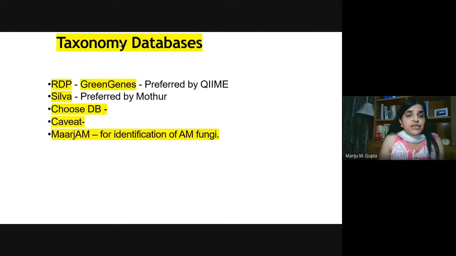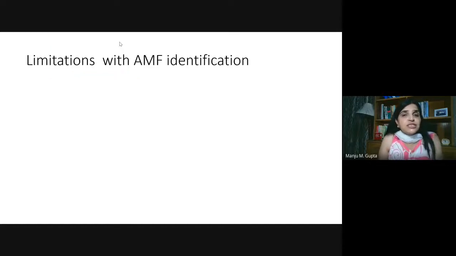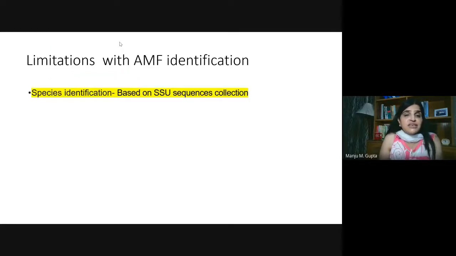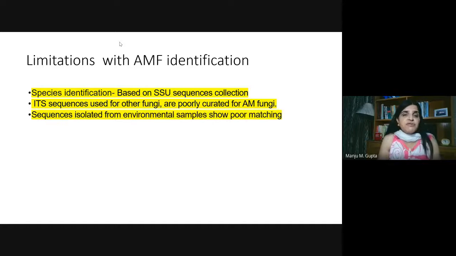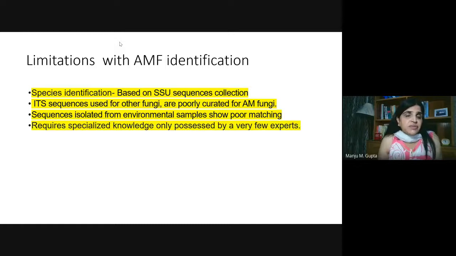So what were the problems when I used this database for identification? It limits the sequence on the basis of SSU sequence collection, doesn't talk about ITS sequences, and ITS sequences remain very poorly curated for AM fungi. The sequences isolated from the environmental sample showed very poor matching.